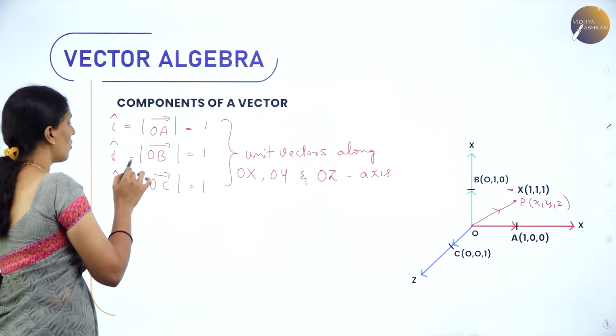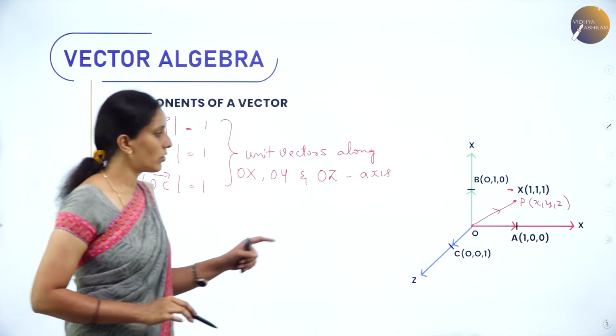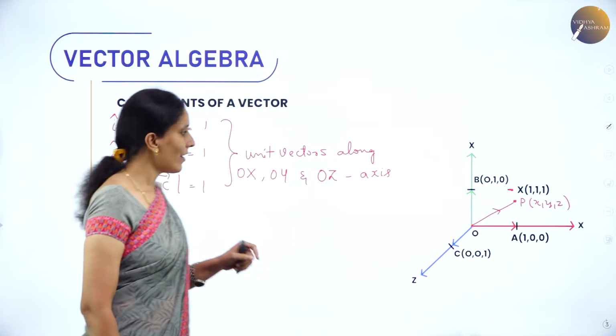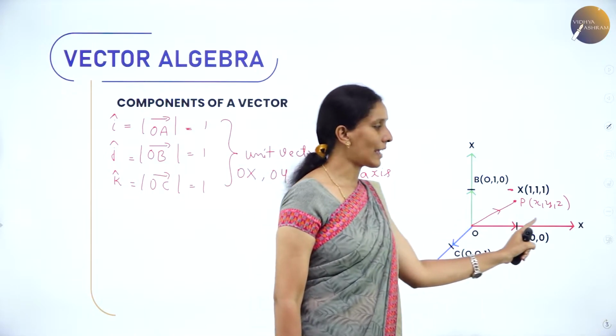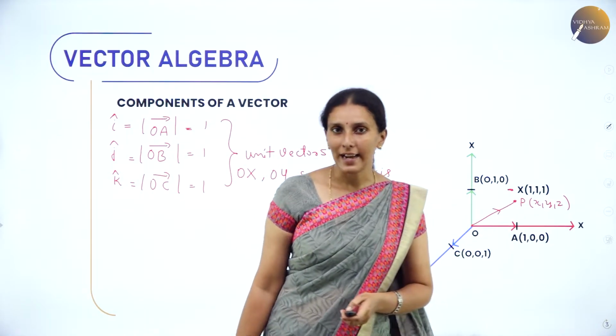So these are all the components of the position vector with respect to OP, where i, j, k are the unit vectors along the x-axis, y-axis and z-axis.